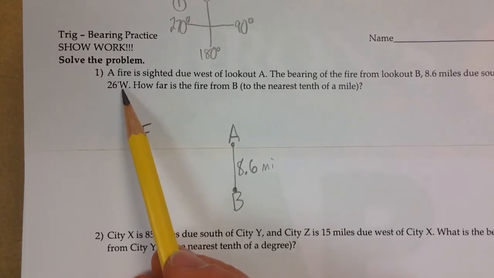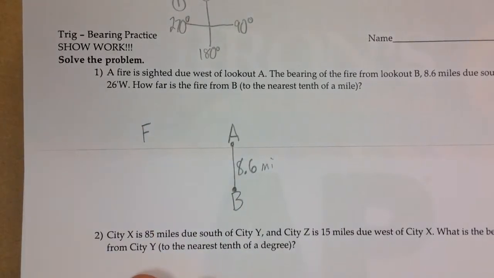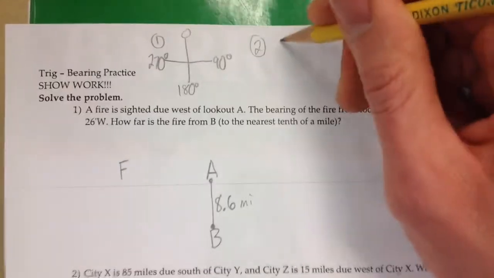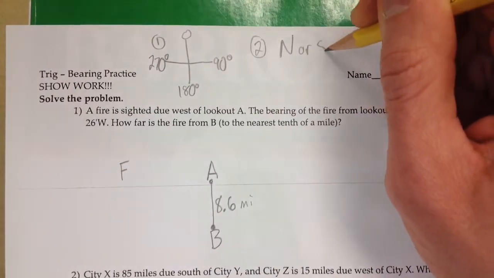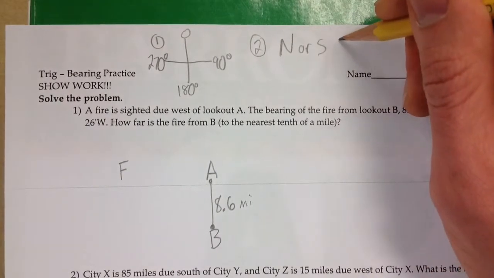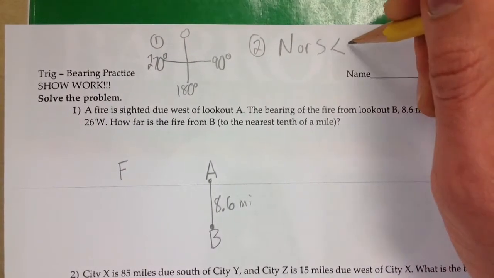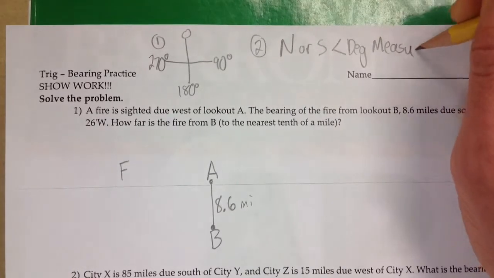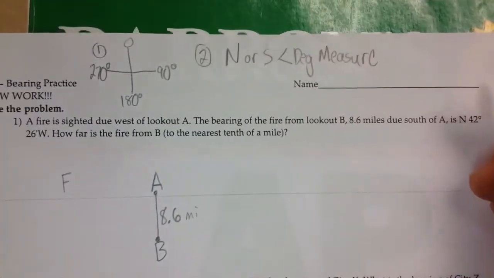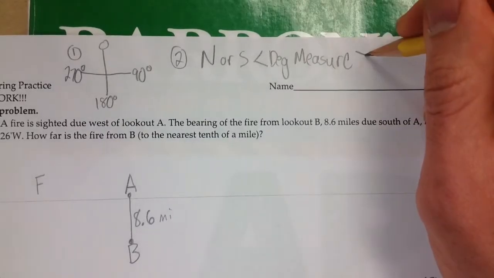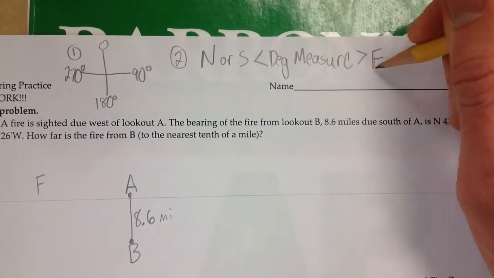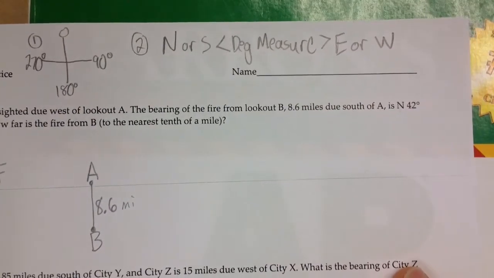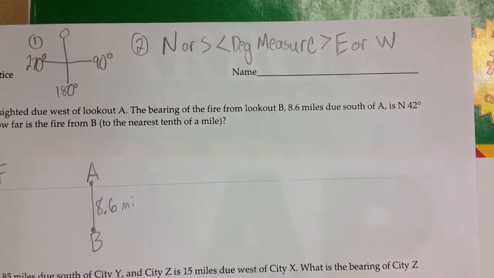So it's actually easier when they express bearing this way. So the second way is north or south, then degree measure, and then east or west. And hopefully you'll get enough practice to completely understand that.